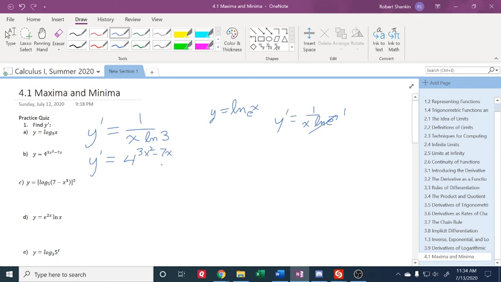And then we have to chain on the derivative of the u function, because it's not just 4 to the x, it's 4 to a function of x. And so that's going to be 6x minus 7. It's chained on at the end of that.